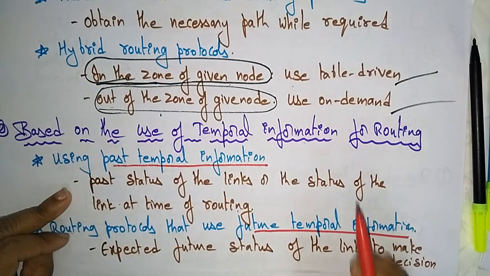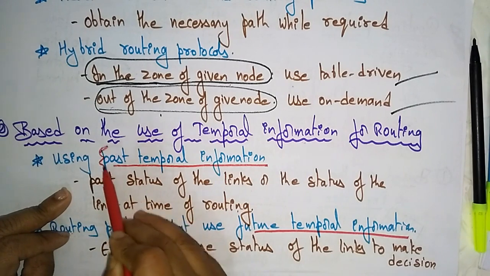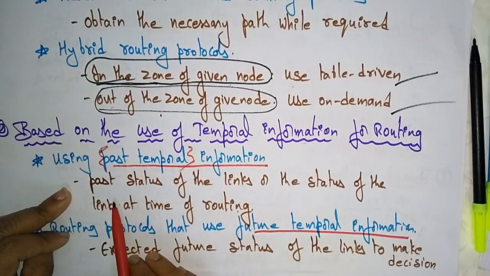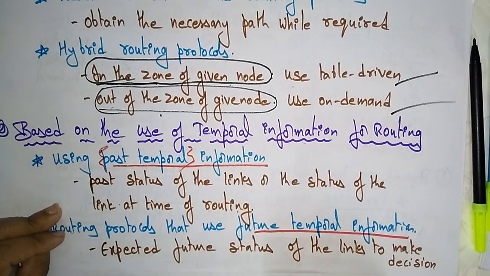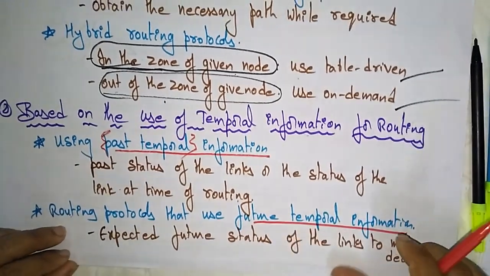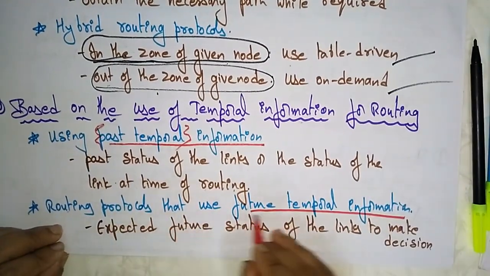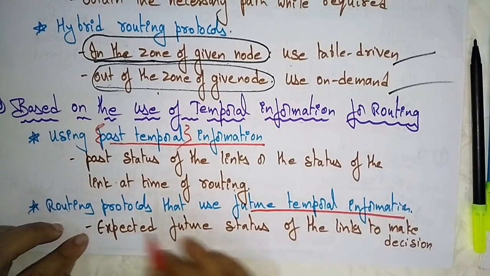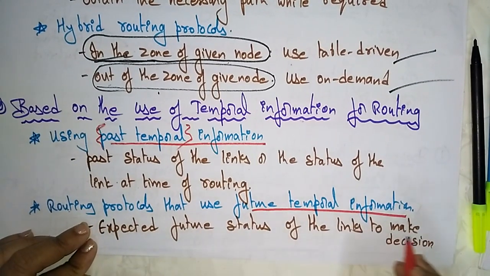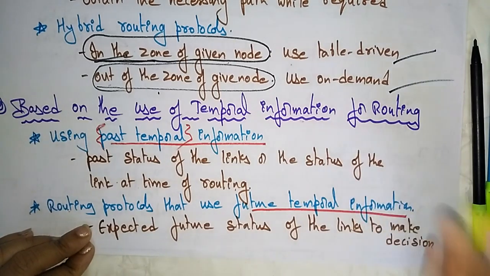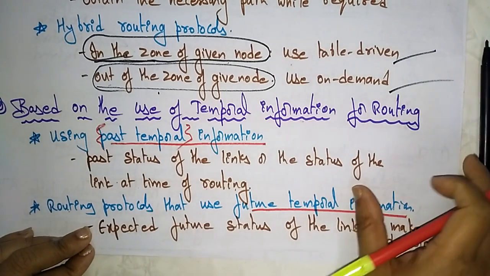They have to consider the past temporal information while selecting links. That is one way. Another way is routing protocols that use future temporal information, the expected future status of the links, to make decisions. This is trial and error, so you have to estimate and select the path.